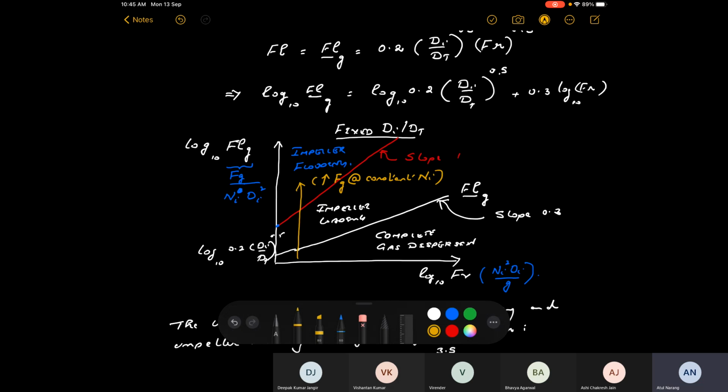Keep in mind, di and dt are fixed. So if di is constant and n sub I is constant, then the Froude number is constant. Increasing f sub g merely increases the gas flow number while the Froude number is constant, so you're moving vertically upward. And therefore you pass from complete gas dispersal. This is the going backward case. Now let's take the other case, which is increasing n sub I at constant d.